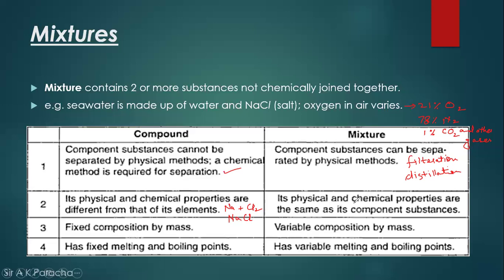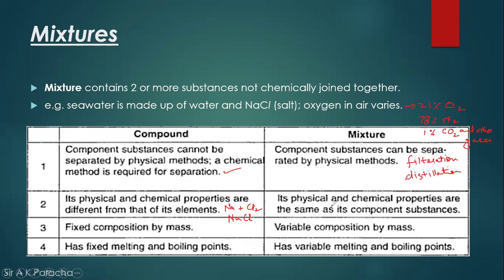If we breathe in air, we get the oxygen from air. If an oxygen supply is provided to us, we can easily breathe that as well. So oxygen in air or pure oxygen, they both have the same properties. So physical and chemical properties of oxygen are intact in the mixture of air.